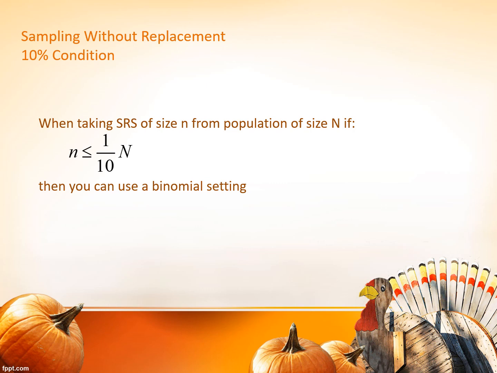How do I tell this in real life? I just take the sample size, which again is little n, and I multiply it by 10. So I say sample size times 10, and then I see what that number is.